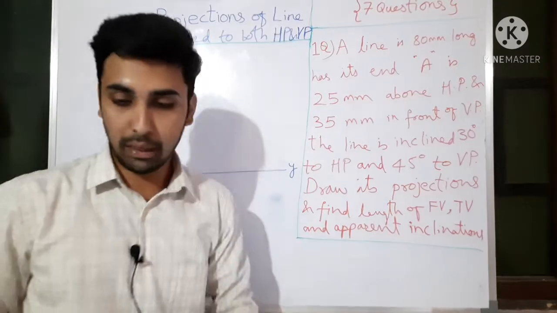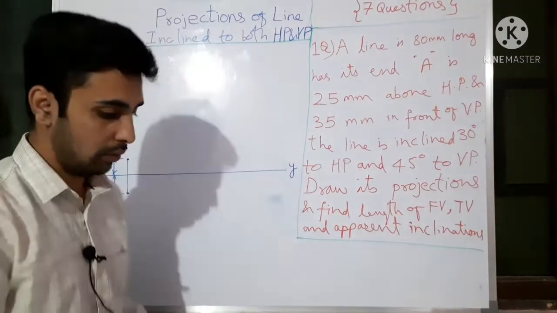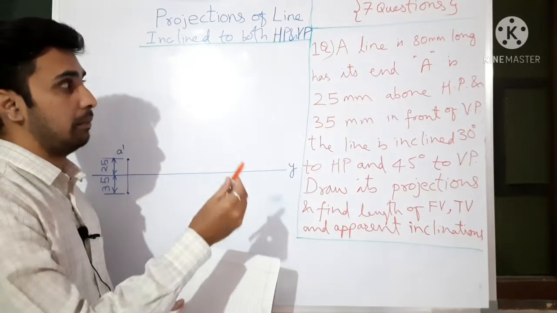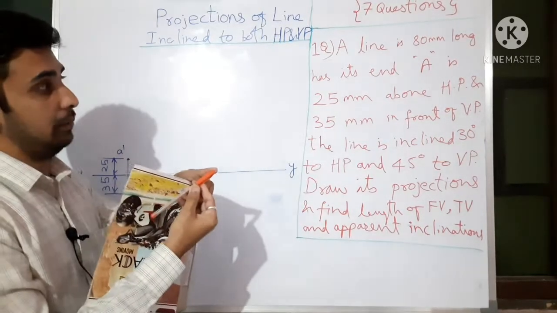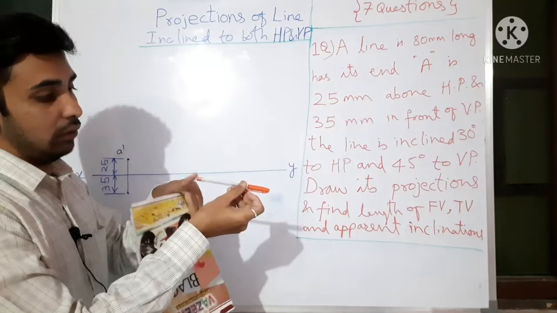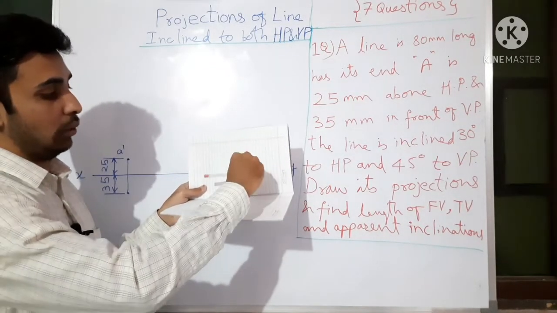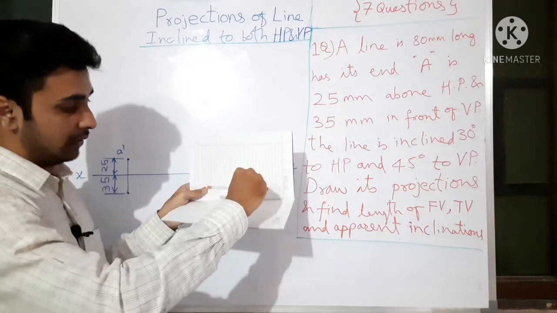Okay, so with the help of this book also I will try to explain you. Assume this is the line 80 mm long, this is end A, this is end B. So this end A only they are talking about. This end A is with respect to HP 25 up, with respect to VP 35 in front.